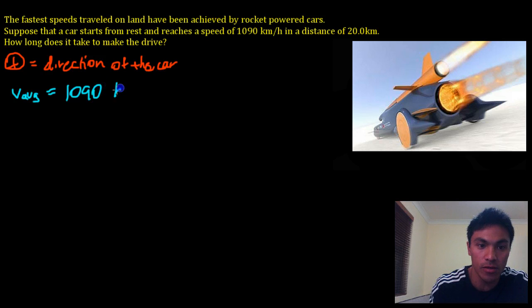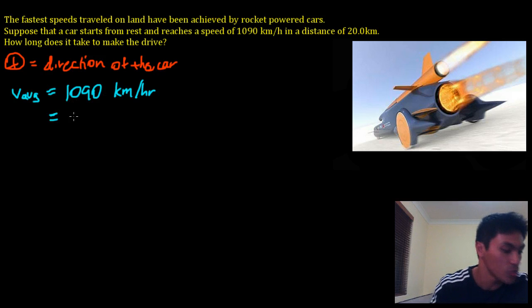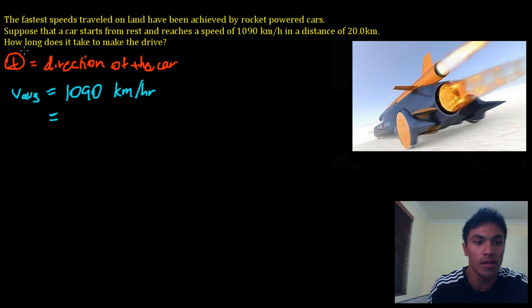So in this one, it's a constant 1090 kilometers per hour. Okay, in order to convert that into meters per second, you divide 1090 by 3.6, which I have previously done. Oh no, let's do the full working out. Let's make it a bit more interesting.